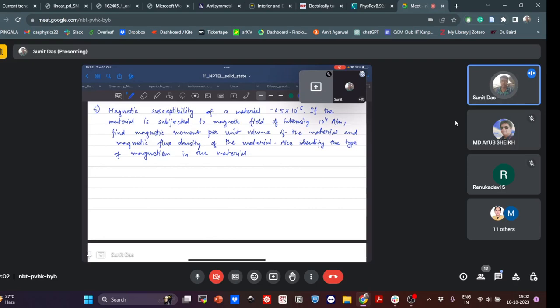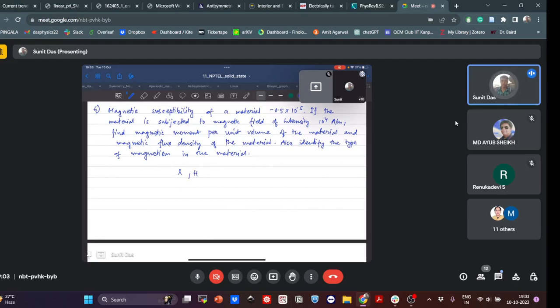Okay, so the next question is: the magnetic susceptibility of a material is minus 0.5 into 10 to the power minus 5. This is basically chi. The material is subjected to a magnetic field of intensity H, given as 10 to the power 4 ampere per meter.